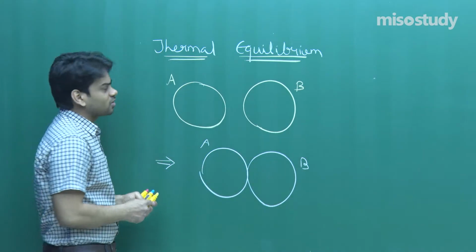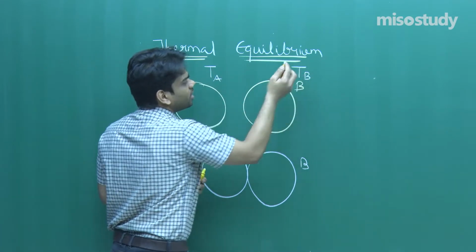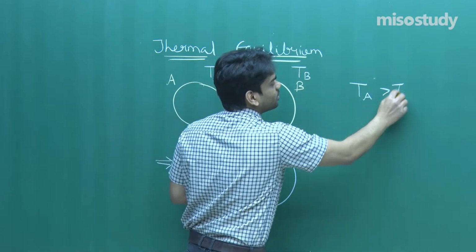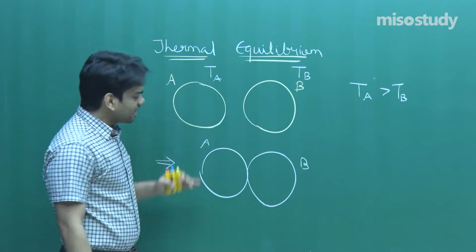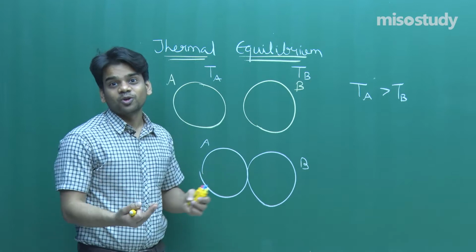So what we are starting with, temperature of A, let's say it's TA, temperature of B, let's say it's TB. Initially, TA is greater than TB. As they are brought in contact, heat energy will be transmitted. We all know that heat energy always flows from high temperature to low temperature bodies.